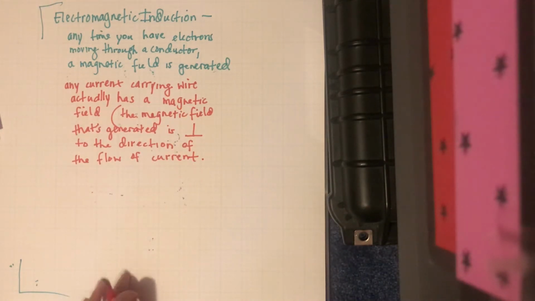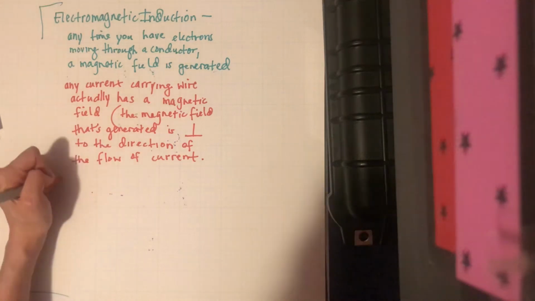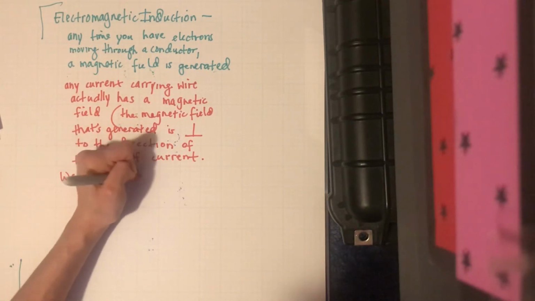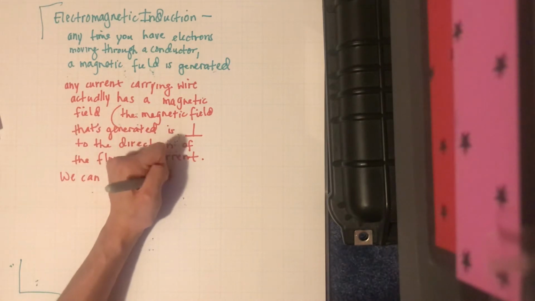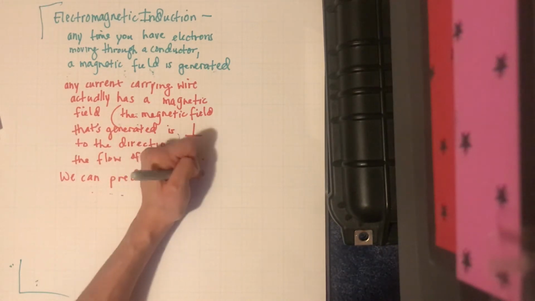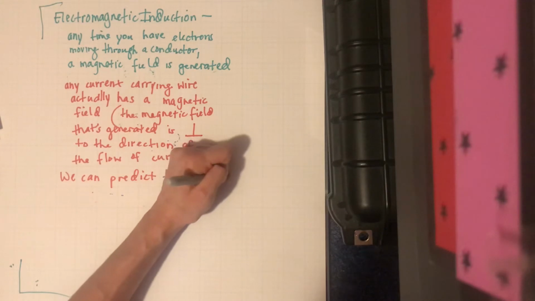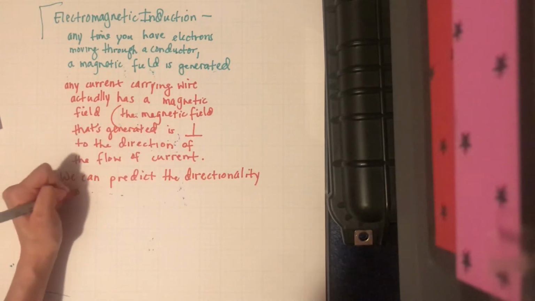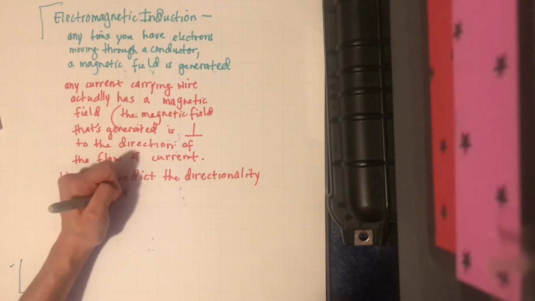So actually, we can predict the directionality of the magnetic field if we know the directionality of the current, and vice versa.